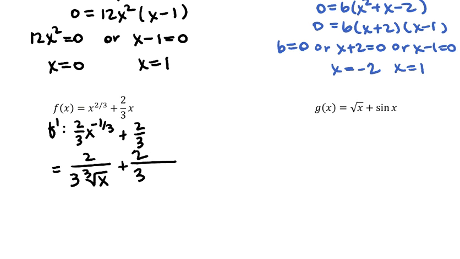But if I want a common denominator and get this into something I can do a little more analysis on, I'm going to multiply top and bottom by the cube root of x, so as to not change the value of the second summand, but make it something we can add together.